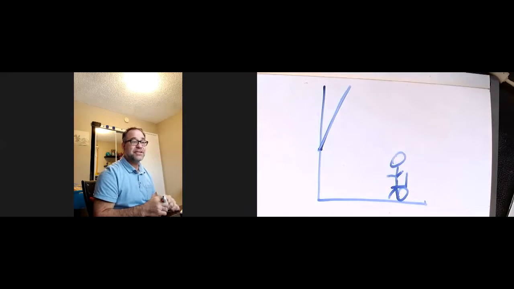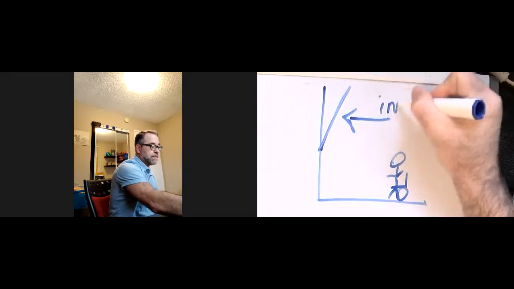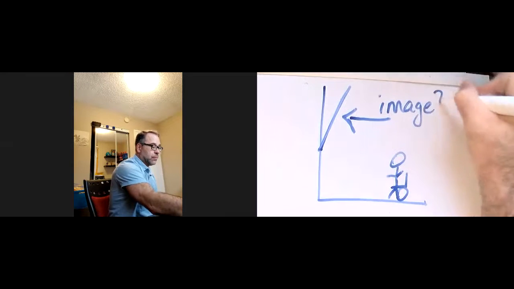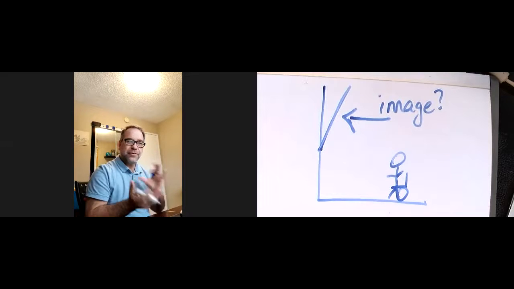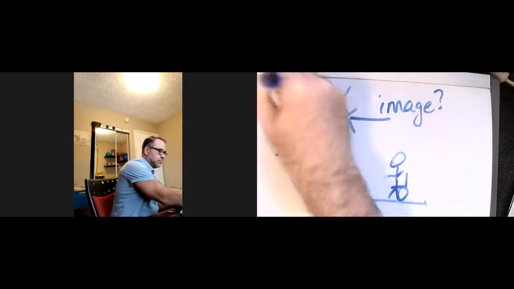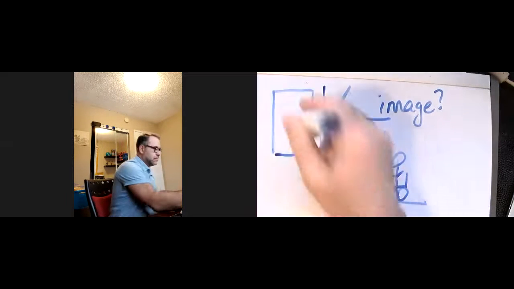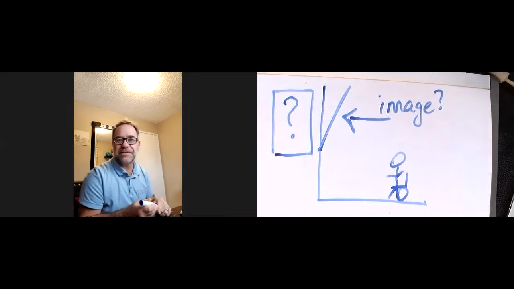That is a good start. However, I want to know in this question, how would that image appear? What would it look like if you were staring at the mirror? And that is the question.